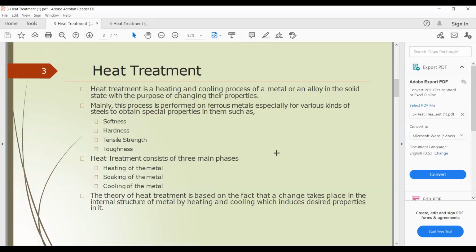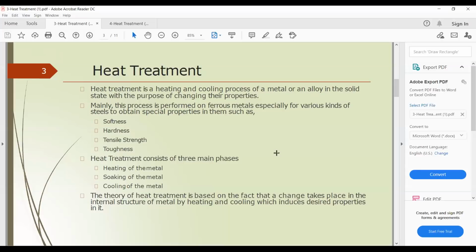That's why it is called as heat treatment, right? And why you need to do this heat treatment process? Purpose of this heat treatment process? To change the physical properties. That means microstructure of that metal, right? So to change the physical properties of that particular metal, right?